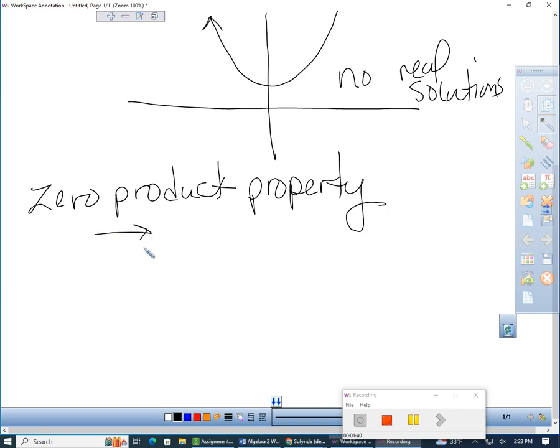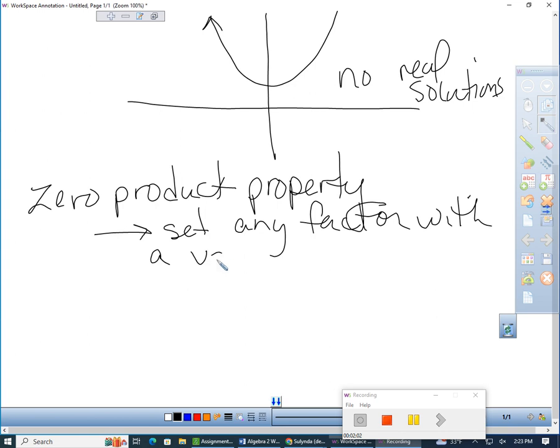Zero product property. For the zero product property, you set any factor with a variable equal to 0 and solve. This gives you your solutions.